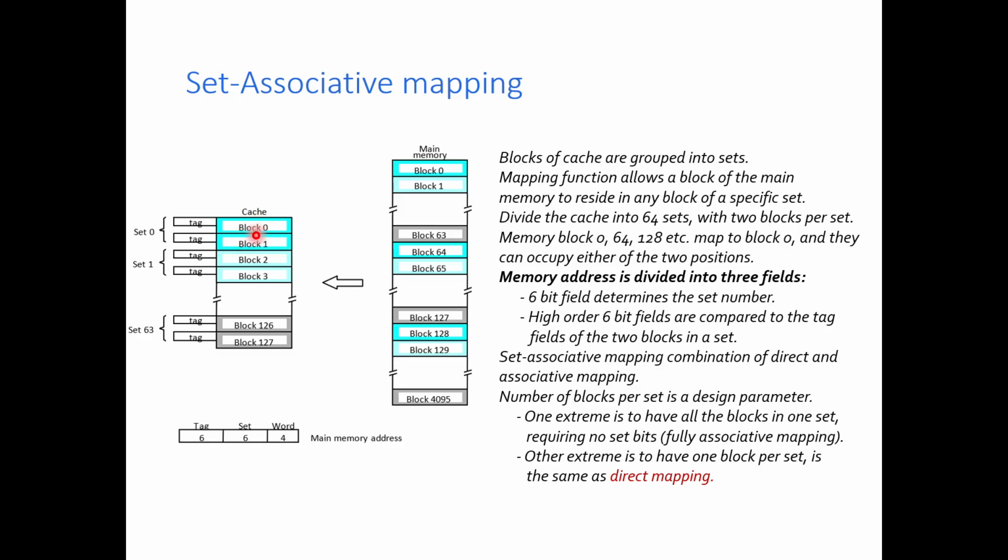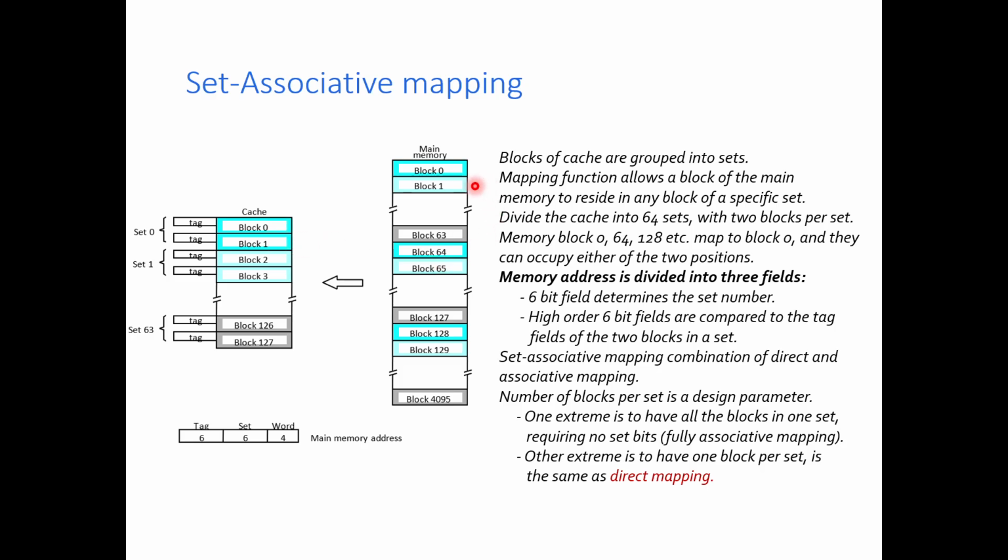This is associative mapping. But how do you find the particular set? That is identified using a formula: the memory block number modulo the number of sets, which is around 64. After applying this modulo operation, the particular set is identified, and in that set we can use block 0 or 1.